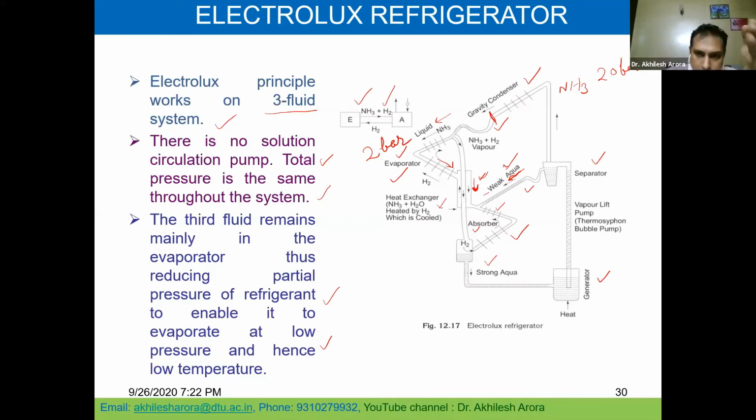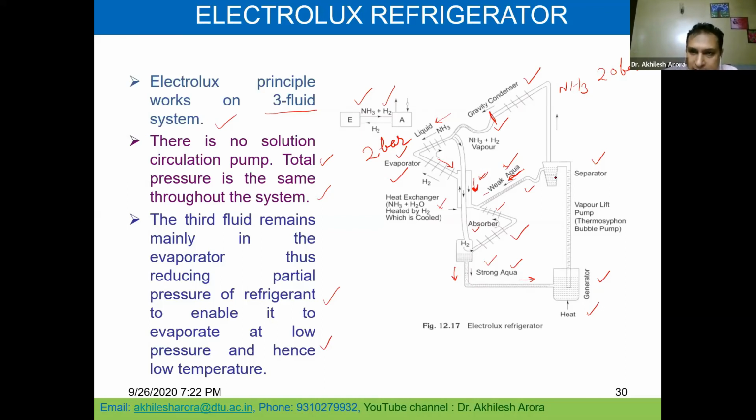Now you see, after this strong aqua ammonia is produced in the absorber section, it is passed through the generator. Hydrogen will not go here. The reason is it's a gas. It will not go downwards. So it's only the strong aqua which goes into the generator section. Because we are supplying heat here, the bubble formation will take place.